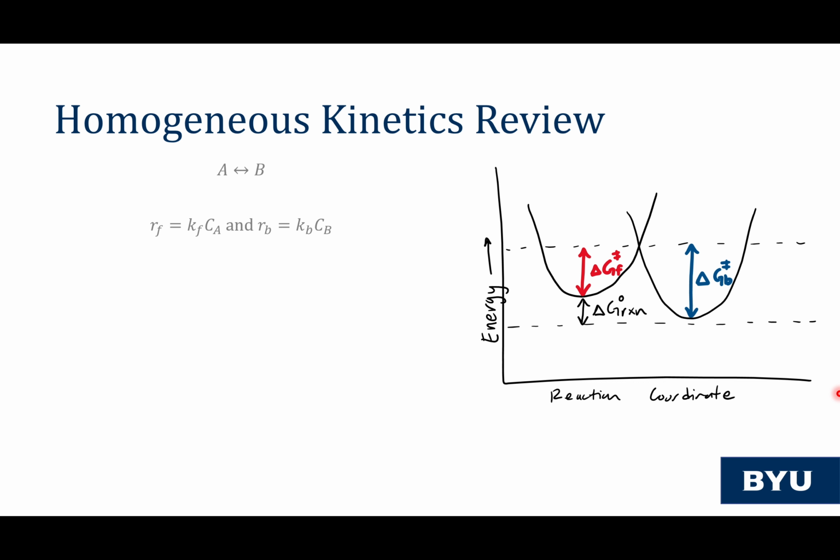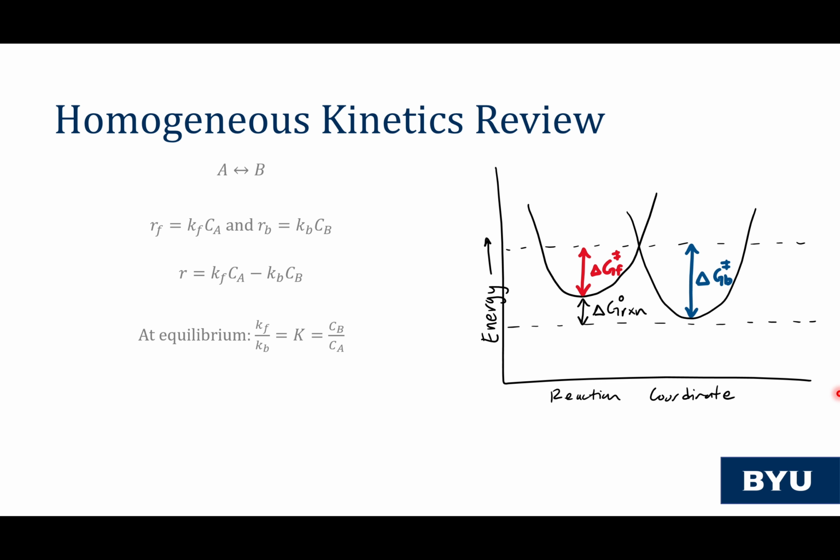So let's say we have species A and species B. There's a reaction, and they're in equilibrium with each other. So we can write the forward rate expression as the forward rate constant multiplied by the concentration of A. And we can write the backwards rate expression as the backwards rate constant multiplied by the concentration of B. We can then write the net reaction by getting the difference between the forward rate and the backwards rate, and we can establish what the equilibrium is.